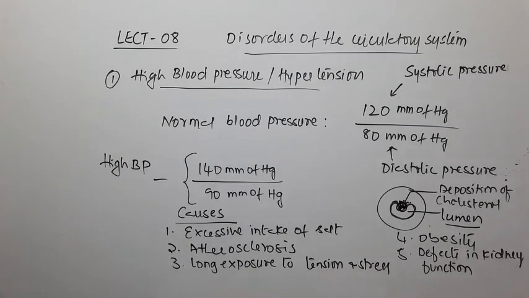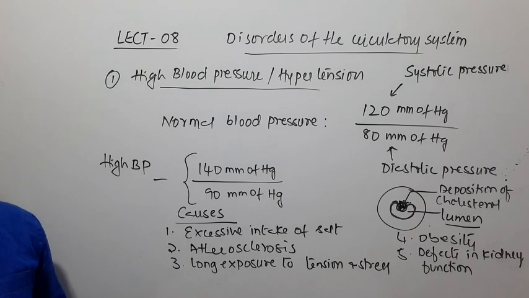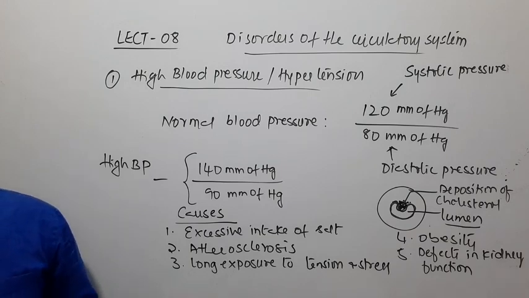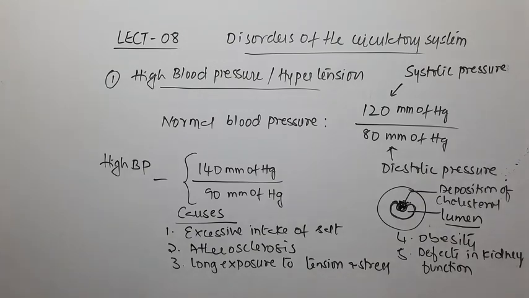Next, in 90% of cases, the doctor may not come to know the actual cause. In that case, he treats it as idiopathic. So in 90% of hypertension problems, the cause is not known properly.